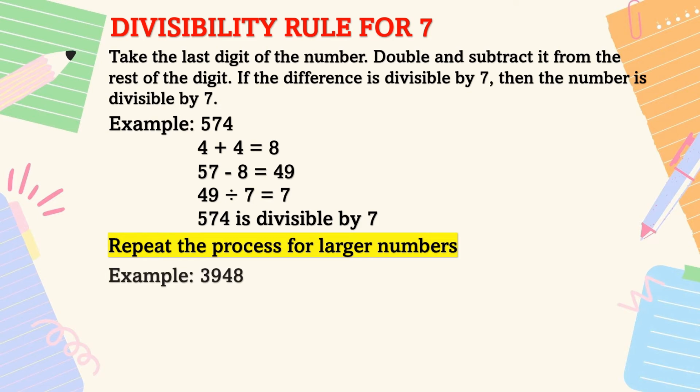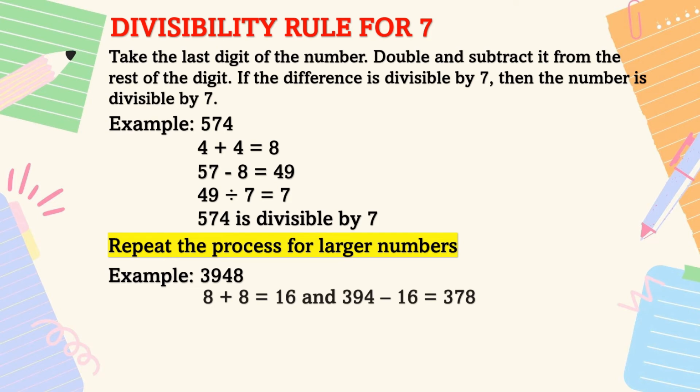The last digit is 8 and we have to double it. 8 plus 8 is equal to 16. And we have to subtract it from the remaining digits. 394 minus 16 is equal to 378. It's a little bit larger, right?